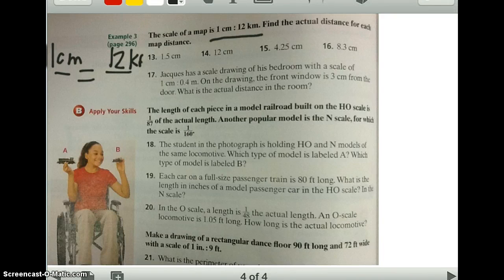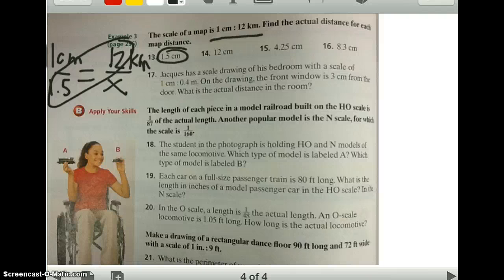Now if you wanted to do 1 over 12, that would be totally fine. So 1 centimeter to 12 kilometers, and then this is 1.5 centimeters, so I do it down here. It's got to go with the centimeters, X. So multiply, and then divide by 1. Does that even change anything? No, so it's really 12 times the 1.5 centimeters.